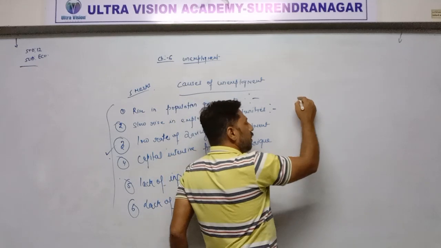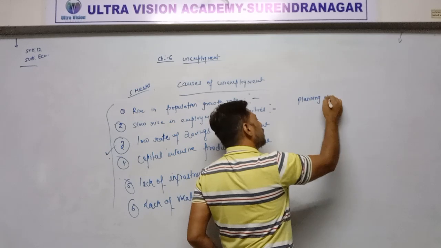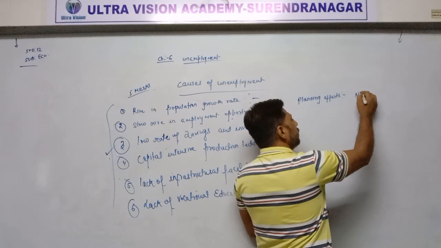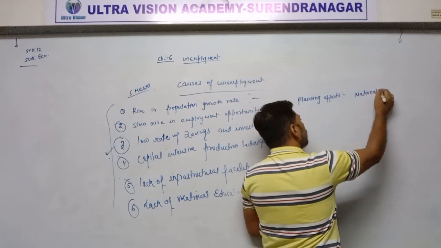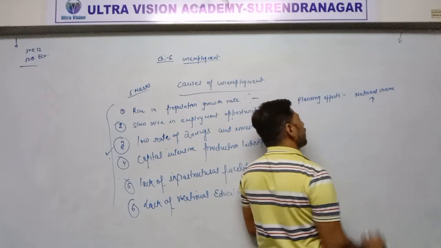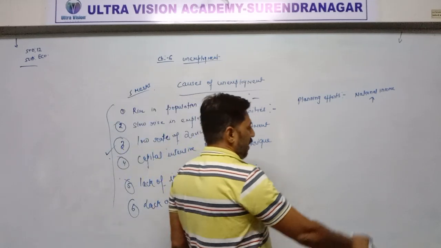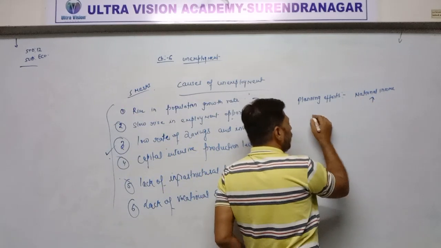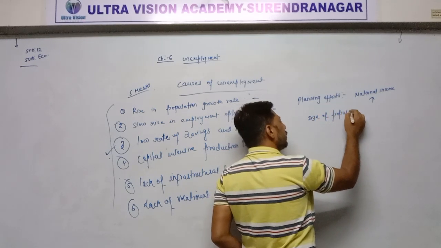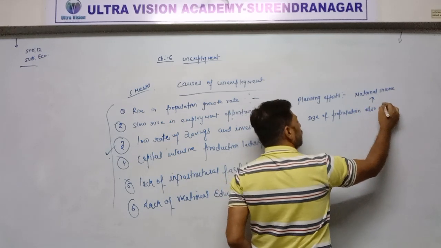Now here again, due to planning efforts, national income of our country increases continuously. National income of our country increases, but along with increase in national income, size of population also increases.